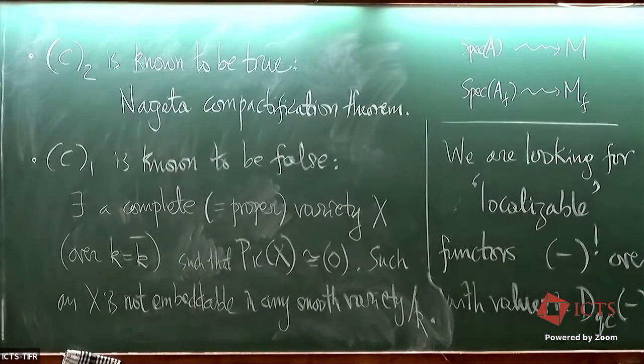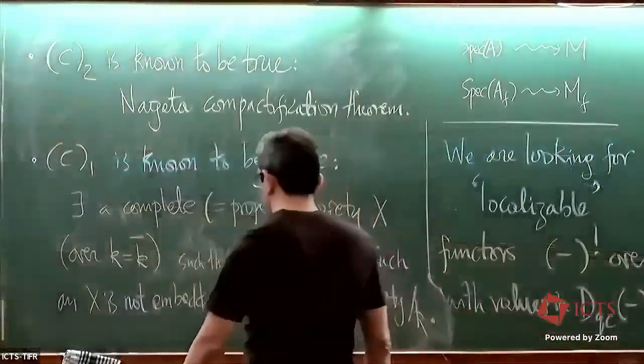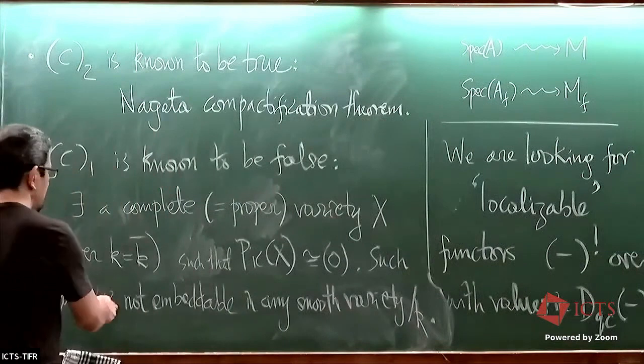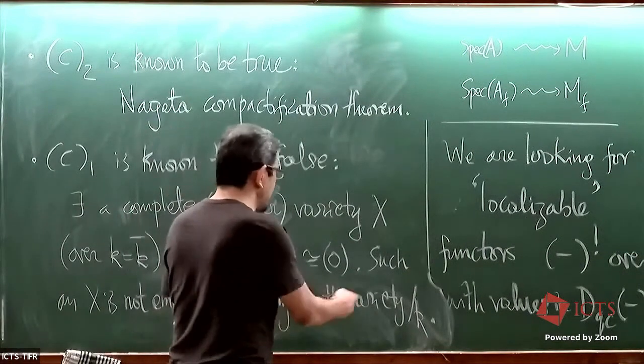So this means that we run into a problem here. We can't really factorize it. Of course, here we only took a factorization of this kind. You could probably jumble things up, but still it's not clear whether you can write any map as a finite composite of closed immersions and smooth maps. Such an X is not embeddable, meaning as a closed subvariety, in any smooth variety.